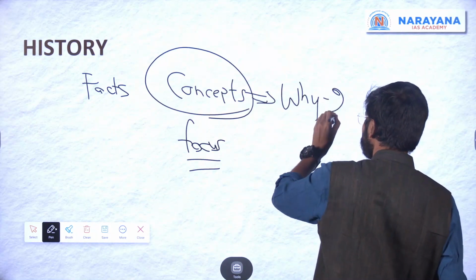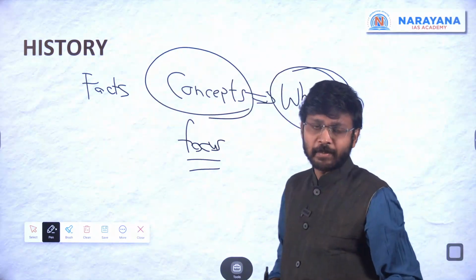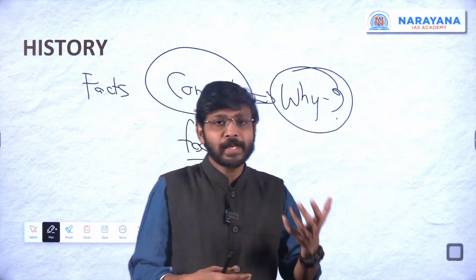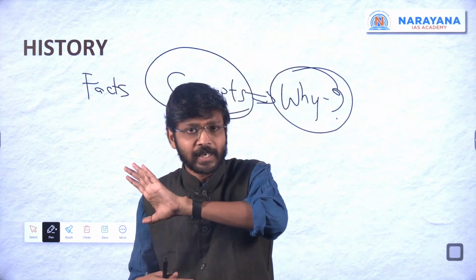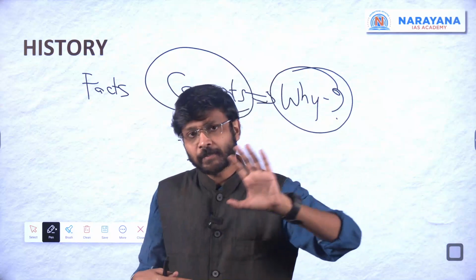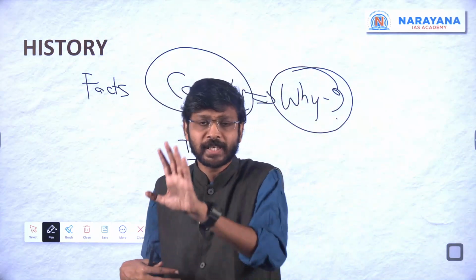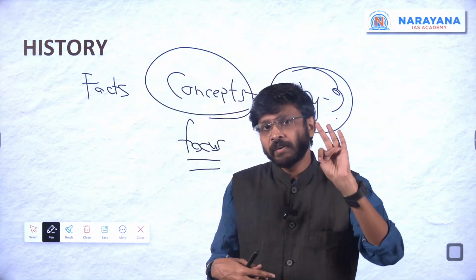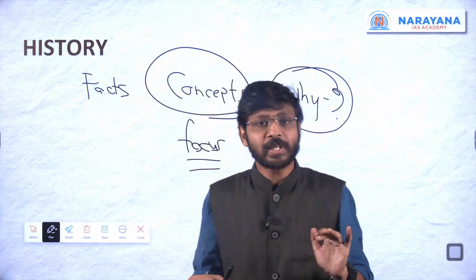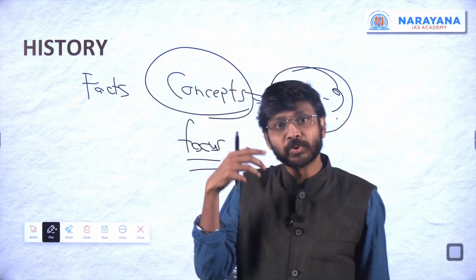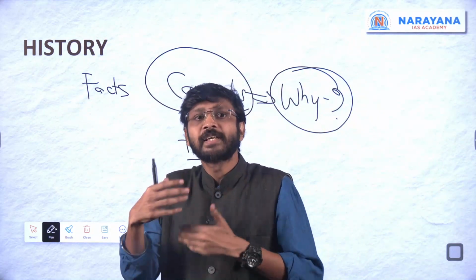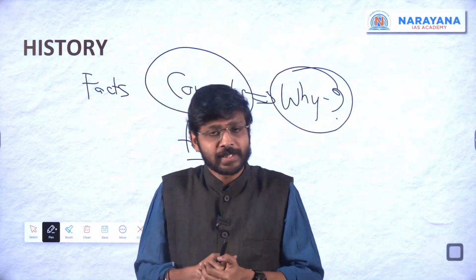It is not about modern India or any other part. For example, why Buddhism evolved. Okay. Why Buddhism evolved. I am not talking about the mains perspective, I am talking in a comprehensive way, whether it be for prelims or for mains. You have to ask why this particular event has happened, why Buddhism happened, why Gandhi, why revolutionary terrorism happened in India.